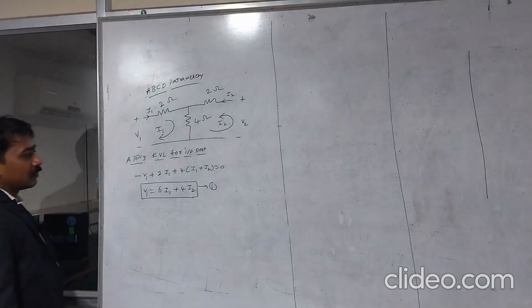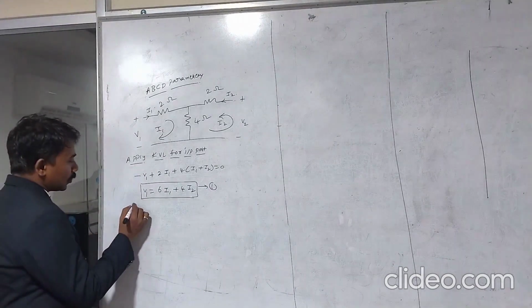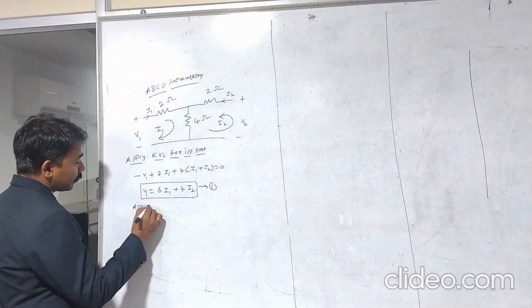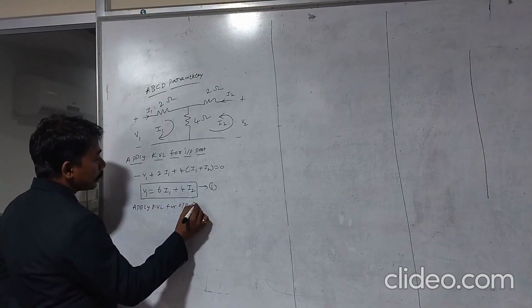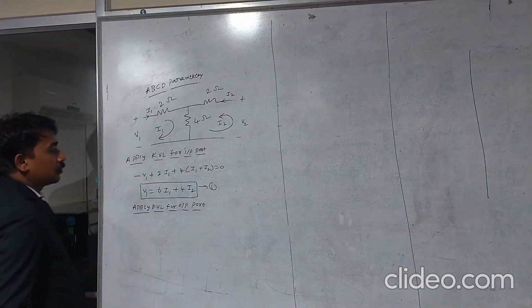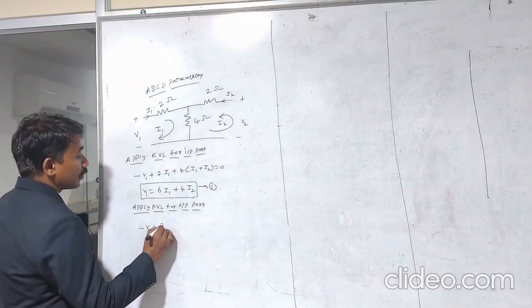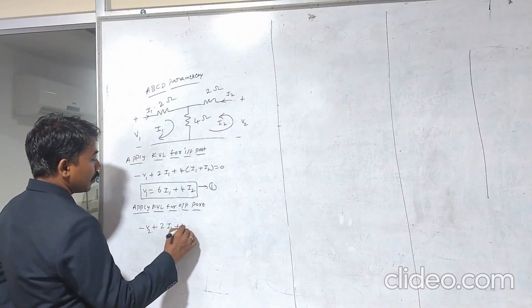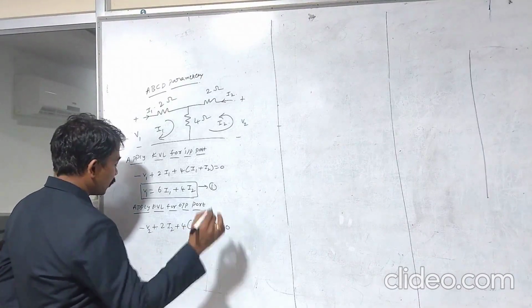So that is the corresponding KVL for the input port. Similarly, you can write the KVL equation for the output port. So minus V2 plus 2 into I2, 4 into I2 plus I1 equal to 0.